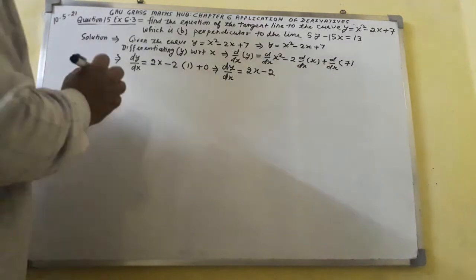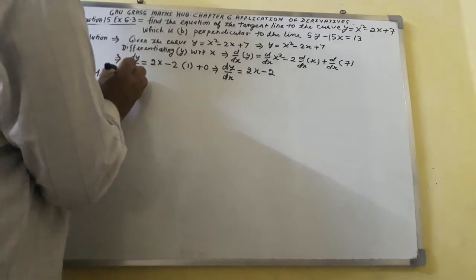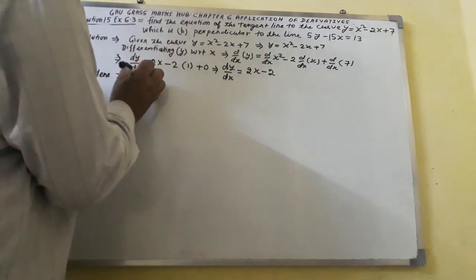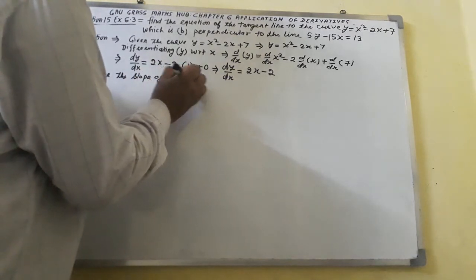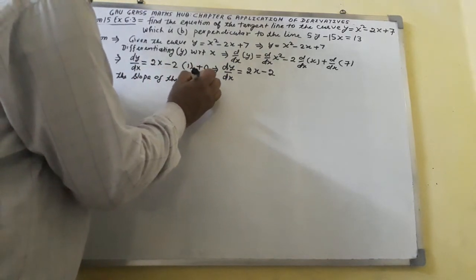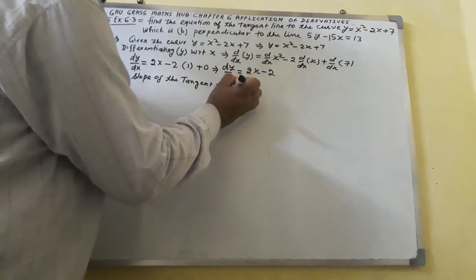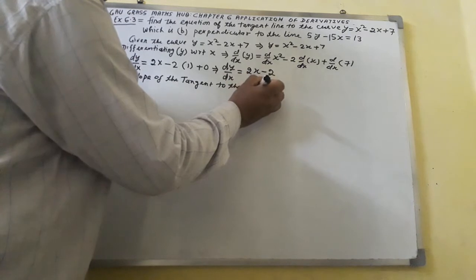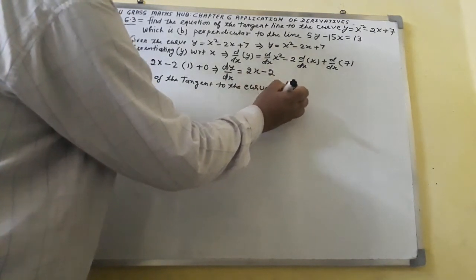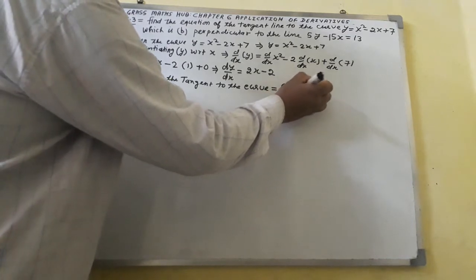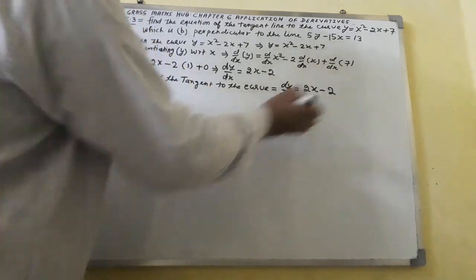Hence the slope of the tangent to the curve equal to dy over dx equal to 2x minus 2.